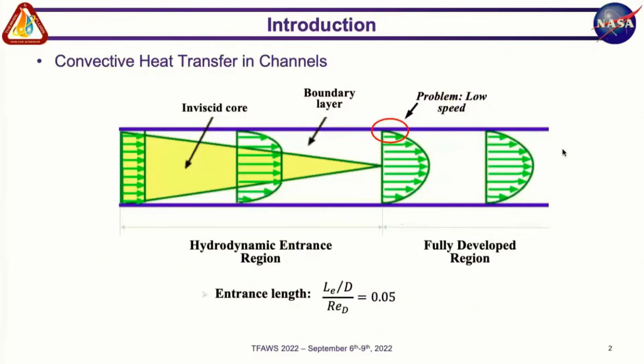Of course, every time you build a convection-based heat transfer system that involves channels, the main concern is the formation of boundary layers. Here's a very simplified sketch of what one can find, either a regular pipe or parallel plates. It doesn't really matter what geometry you use.